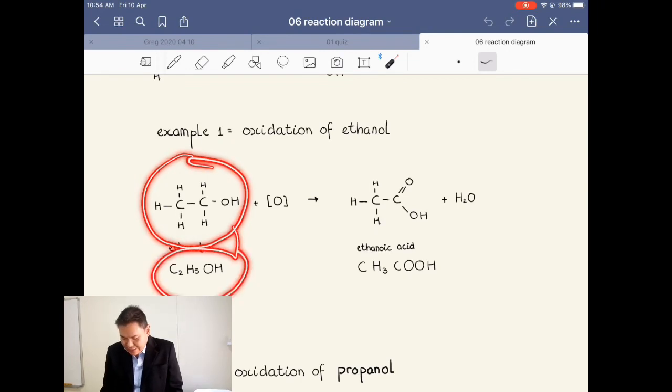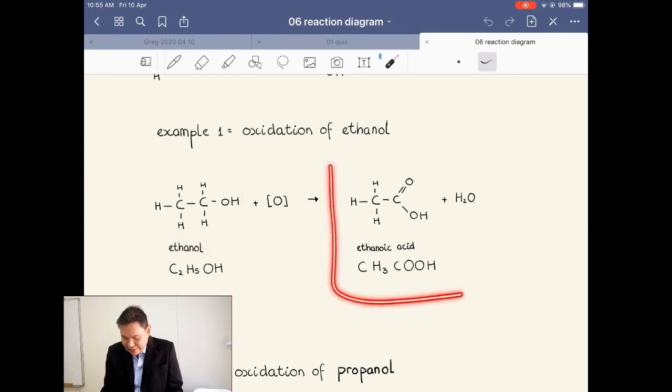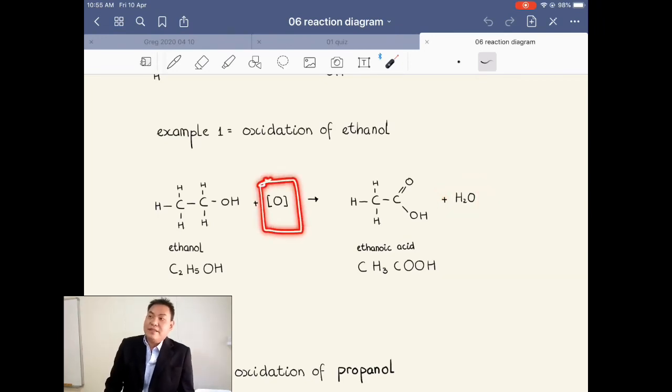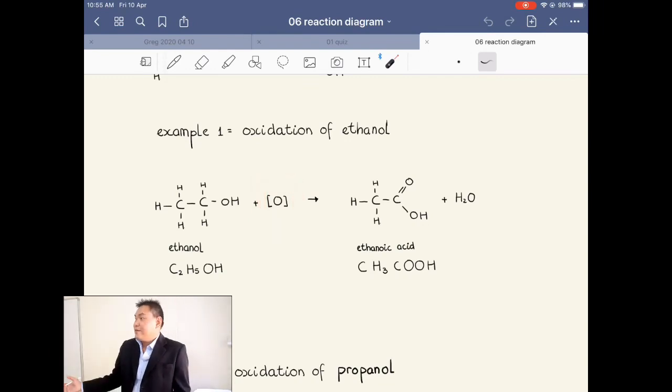You add oxidizing agent, then you're going to get ethanoic acid or CH3COOH. The byproduct is of course H2O. This square bracket O again is just a symbol. In the practical, either you use potassium permanganate or potassium dichromate.